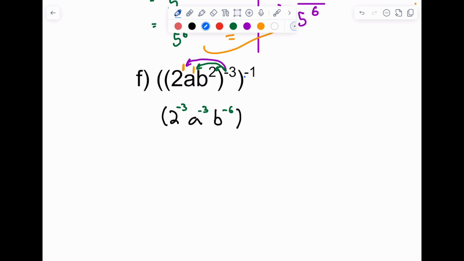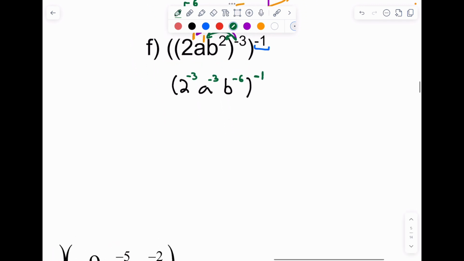And then you still have this negative 1 exponent here. So that's still up top here. So now do your power to a power once again. So this negative 1 multiplies this negative 3 here. Well, you get 2 to the, what is negative 3 times negative 1? We'll evaluate that in a second.